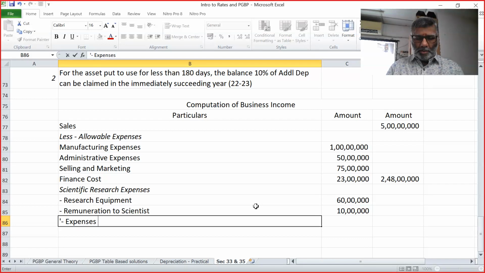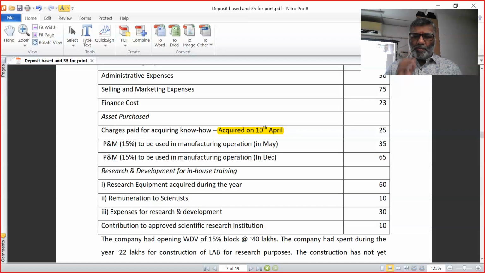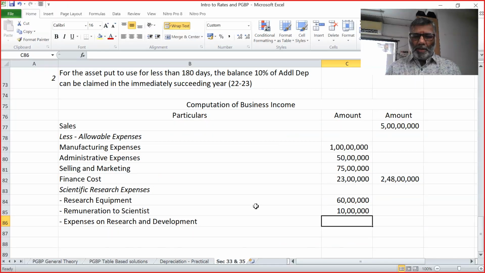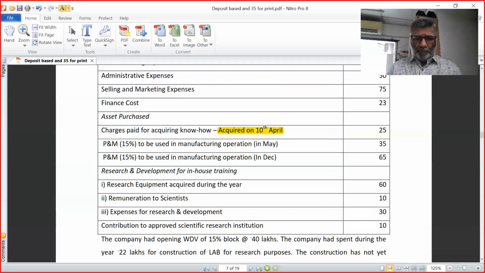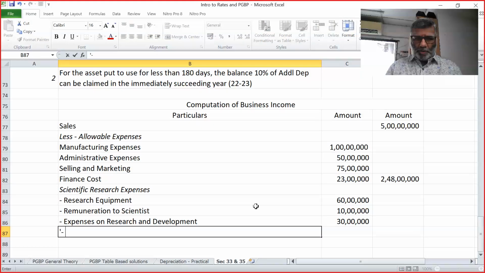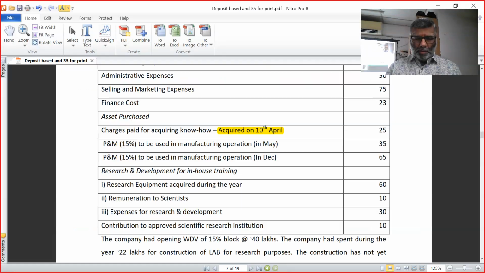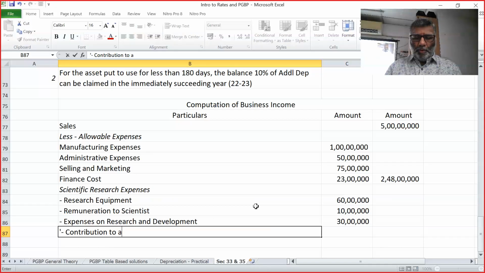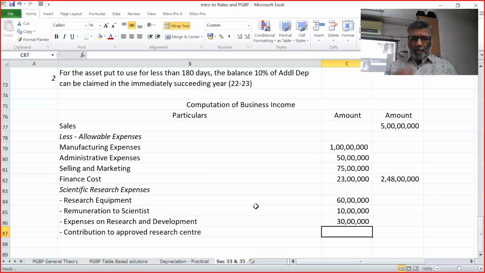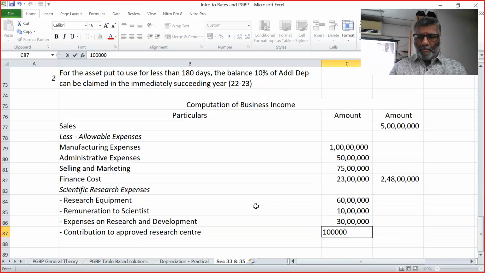Expenses on research and development 30 lakhs, contribution to an approved research center, 100%, 10 lakhs.